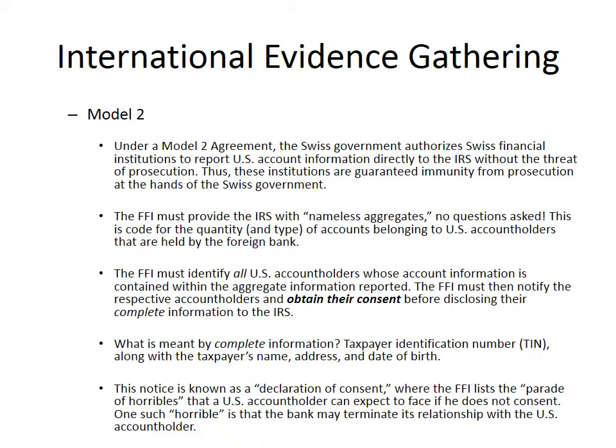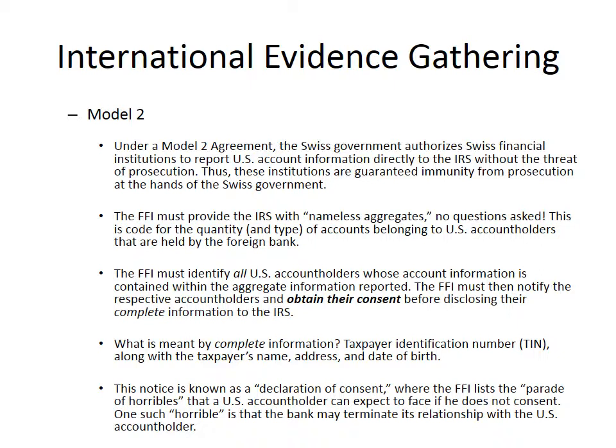The bank must then notify those respective account holders and obtain their consent before disclosing their complete information to the IRS. So all this is saying here is that in step 2, the Swiss banks have to dig deep, and they have to find out the names and identities of the clients who hold these U.S. accounts.